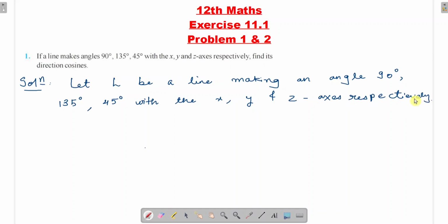Okay, so the direction cosines of the line will be cos 90 degree, cos 135 degree, cos 45 degree.